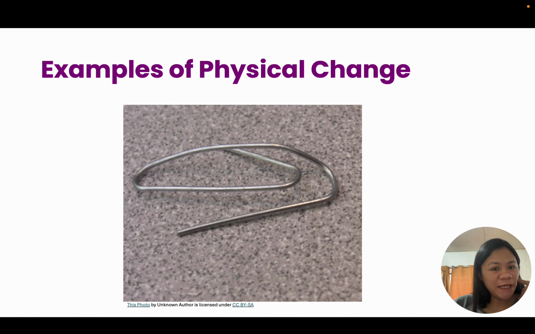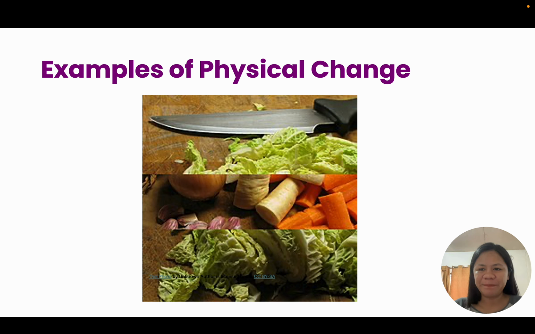Another one, paper clip. We change its original form because of too much usage, but it's still a paper clip.